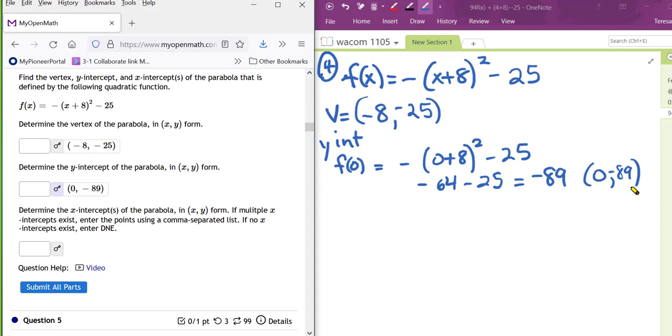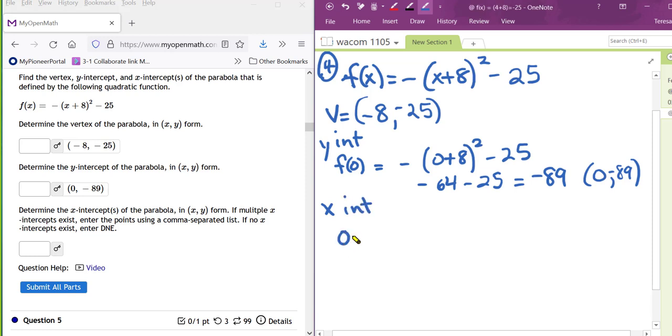All right, and now it asks for the x-intercepts. And so for x-intercepts, we have to set y equal to 0. And again, we're in the square root method form, so we need to isolate this piece that's squared.